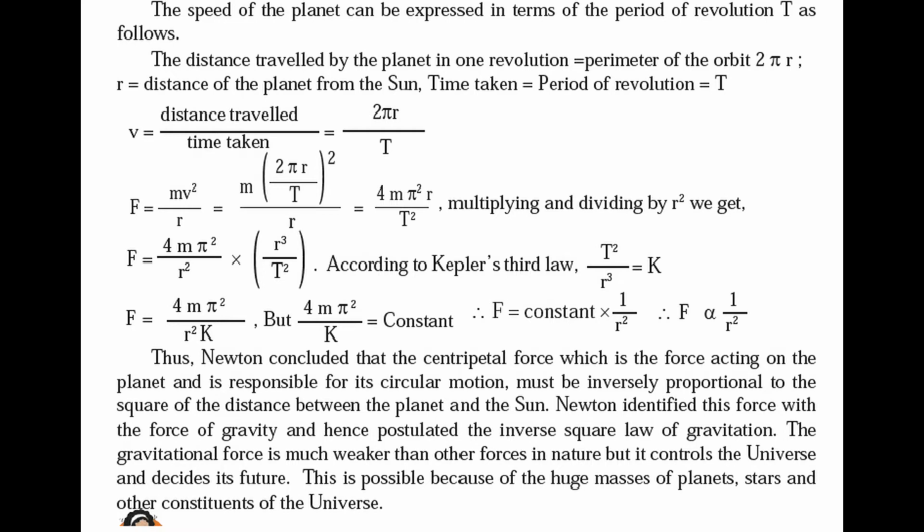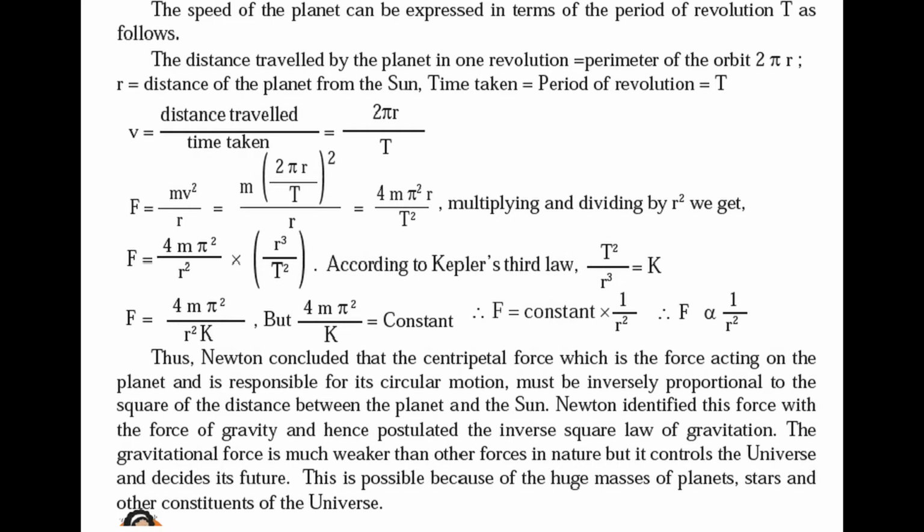V is the distance traveled divided by time taken. So V is equal to 2 pi r divided by T. And we know F is m v square upon r. So putting the value of V into this equation, you get F is equal to 4 m pi square r divided by T square.